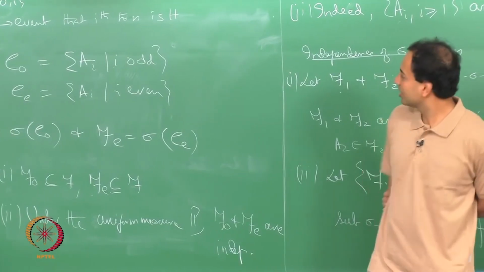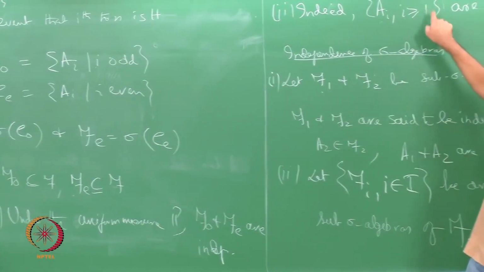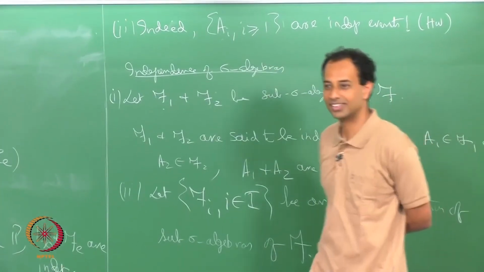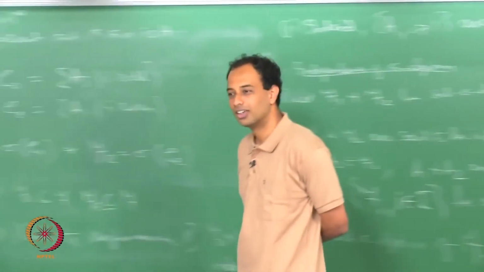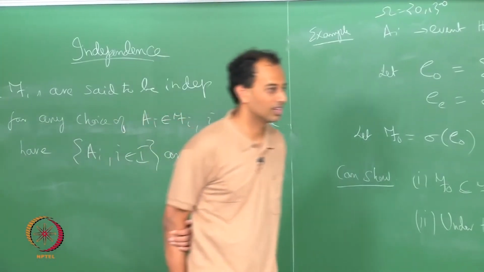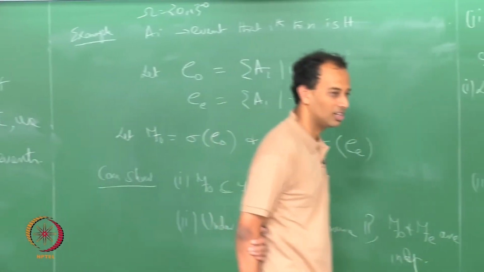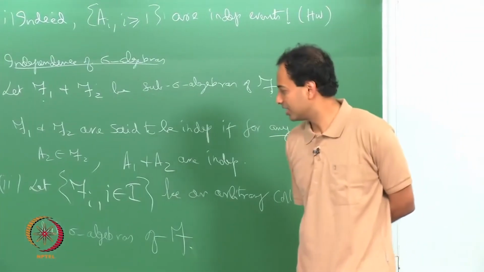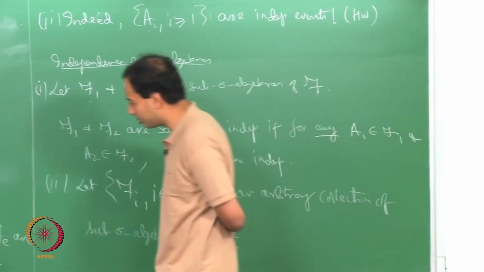But you know this fact, that across these indices the tosses are independent. So you have to put these two things together and make it precise. You can show that F_O and F_E are independent sigma algebras.